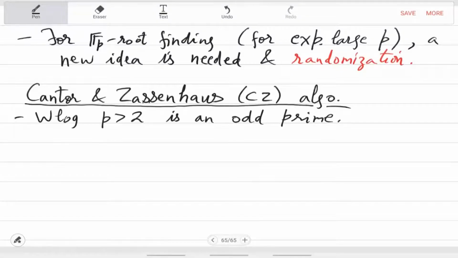Yes, all those problems are already solved by Berlekamp. So for p equal to 2, any q which is a power of 2, those factorizations you already know. There is an efficient algorithm, so those you don't have to solve.